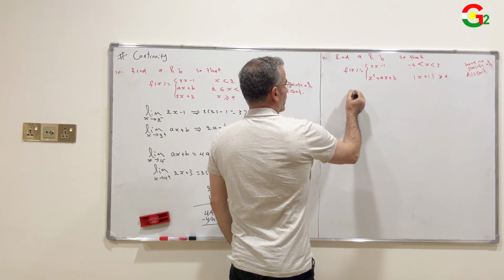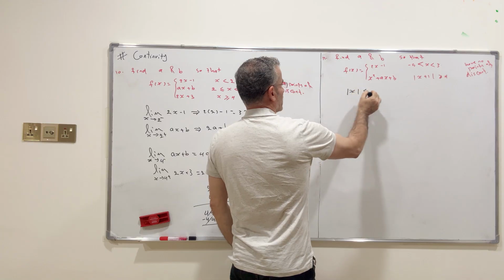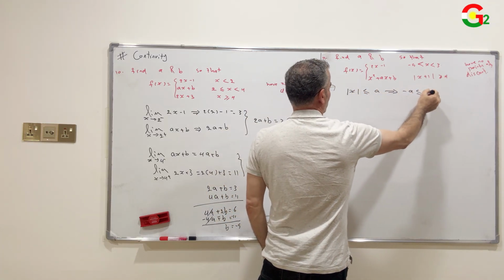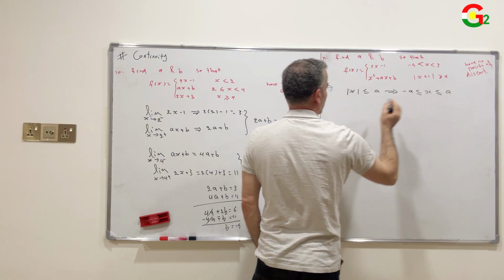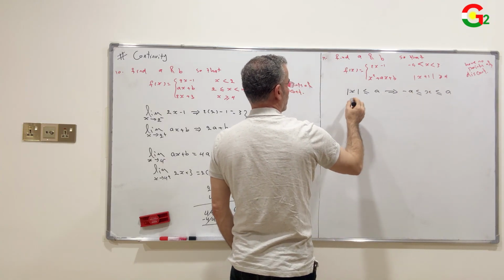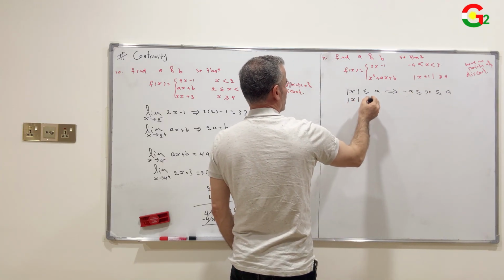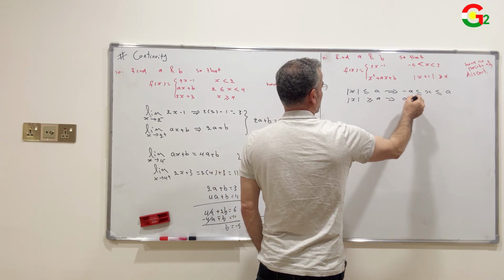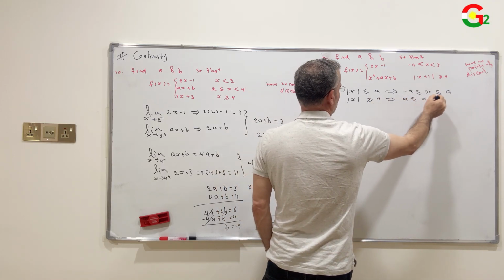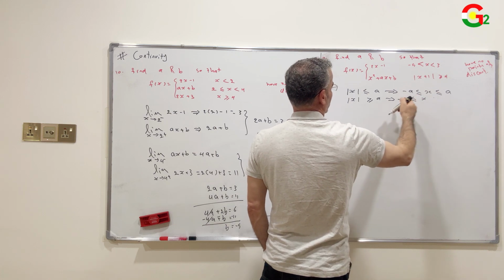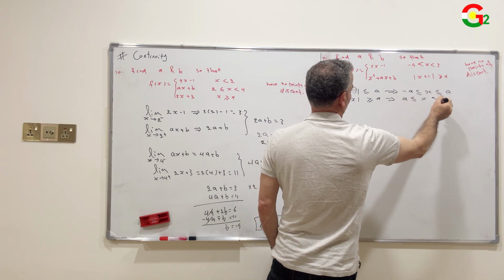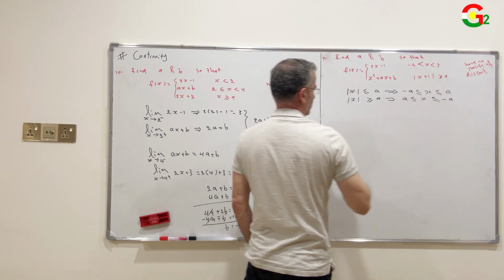As you know, absolute value of x less than or equal to a, where a is a constant real number, means negative a less than or equal to x less than or equal to a, and absolute value of x greater than or equal to a means x less than or equal to negative a or a less than or equal to x.